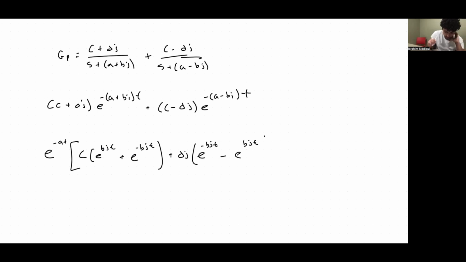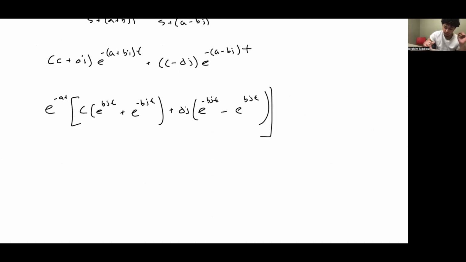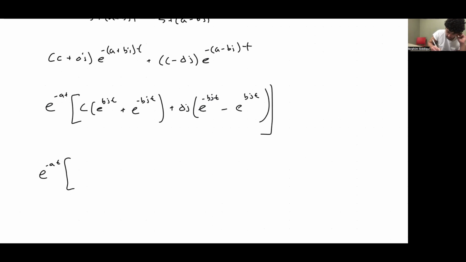Okay, so we want to then rewrite this, calling in our sine and cosine functions. This will get us a step closer to the function that we actually saw in the problem statement. Doing that, we get e negative at times C multiplied by 2 cosine bt plus DJ times negative 2j sine bt.